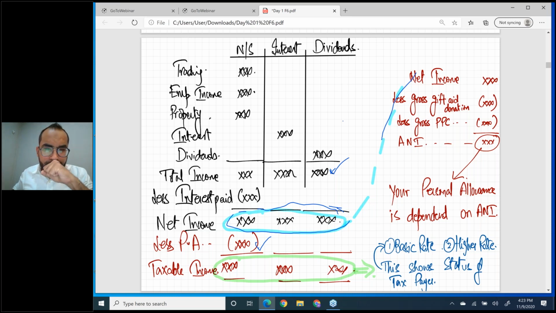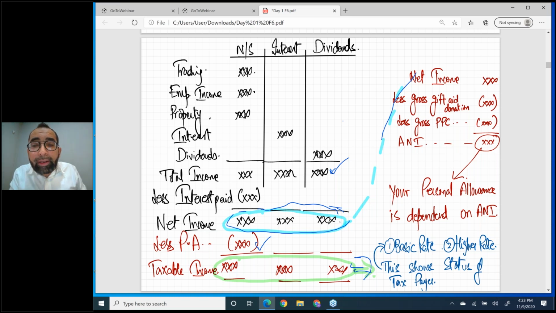Now hold on. Hope you remember, because all of you must have studied tax. If you add these total taxable incomes, look at here, this shows your tax status, that either you are a basic rate taxpayer, or a higher rate taxpayer, or an additional rate taxpayer.